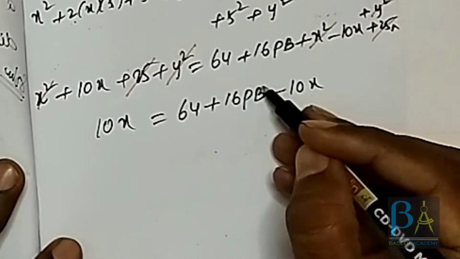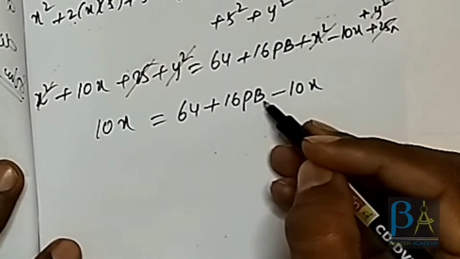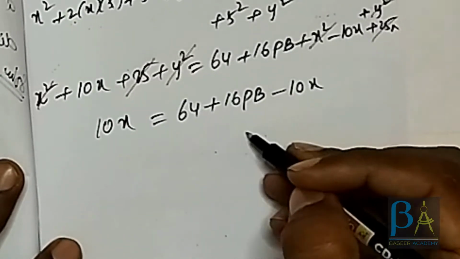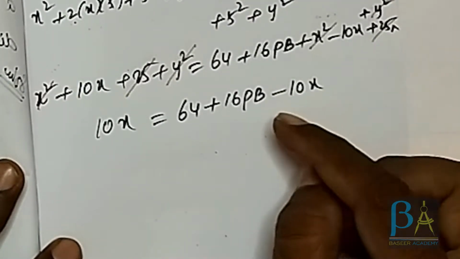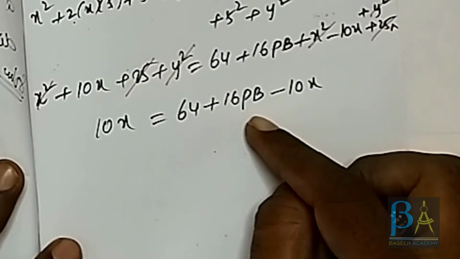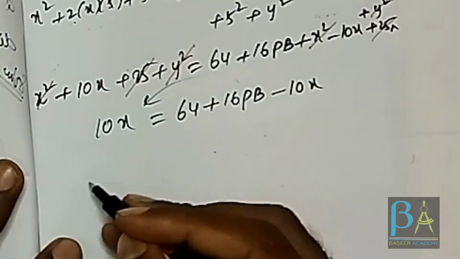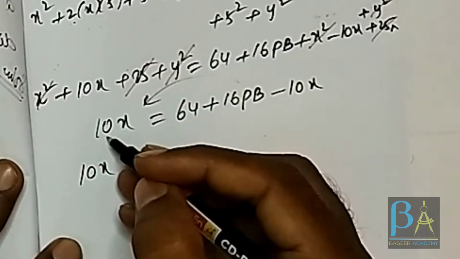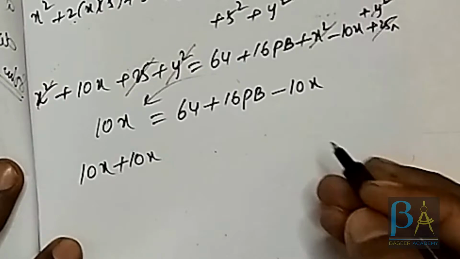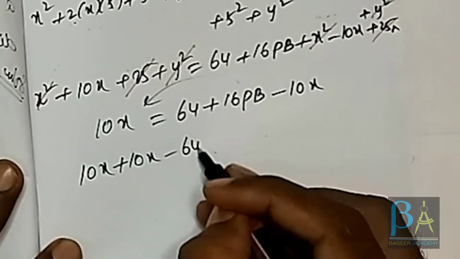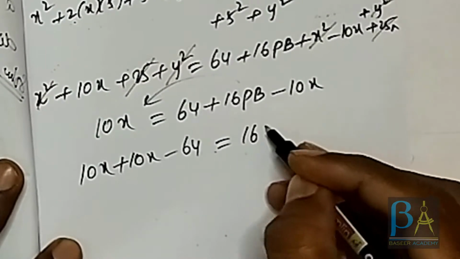PB is going to be the distance from the point P to the point B. So the distance formula will have a square root here. So I would just want to keep PB on the right hand side, and I want to transpose everything else to the left hand side. Minus 10x, if it goes to the left hand side, becomes plus 10x. Plus 64, if it goes to the left hand side, becomes minus 64.